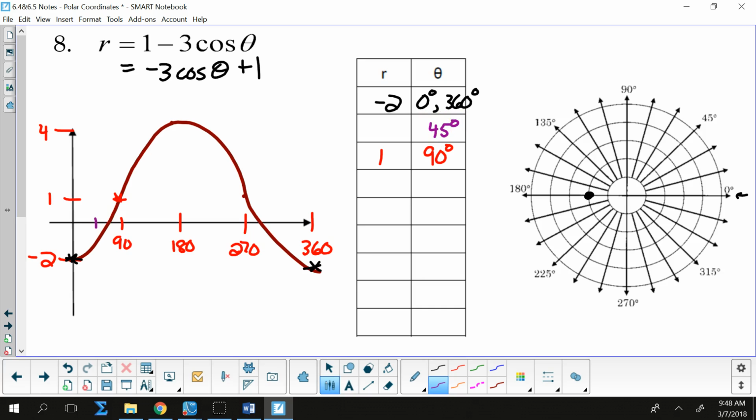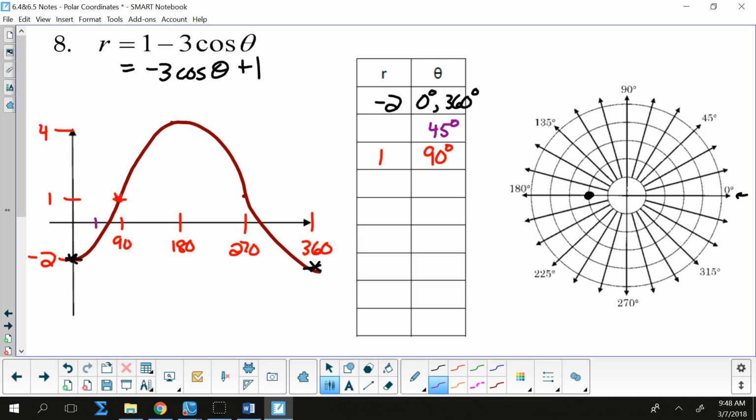So what's the value of my function at 45 degrees? 1 minus 3 times the cosine of 45 degrees. Somebody on a calculator. How come the negative is going in the opposite direction like the last one? It did go the opposite direction. 0 is over here by my hand, so we went towards the 180. Okay? Right?